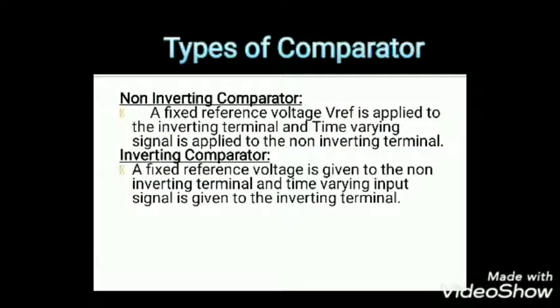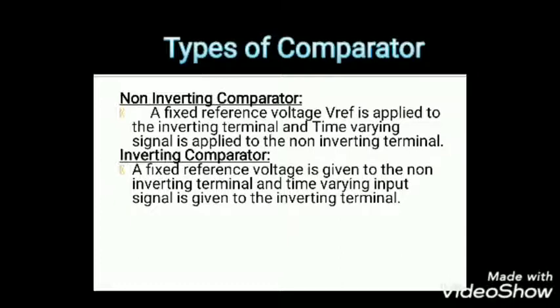Types of comparator. There are normally two types of comparator. The first one is the non-inverting comparator and the second one is the inverting comparator. In the case of the non-inverting comparator, a fixed reference voltage, that means Vref, is applied to the inverting terminal and the time varying signal or analog signal is applied to the non-inverting terminal.